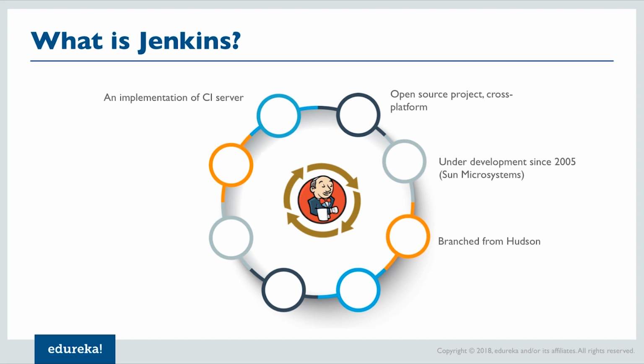But eventually Hudson became Jenkins. It is a Java-based continuous build system. Initially, when it was introduced, it was primarily meant only for Java projects. But later on, with the help of a lot of developers and a very vibrant open source community working towards Jenkins, today you can use Jenkins for virtually anything.